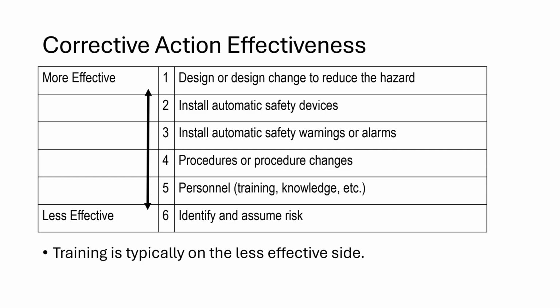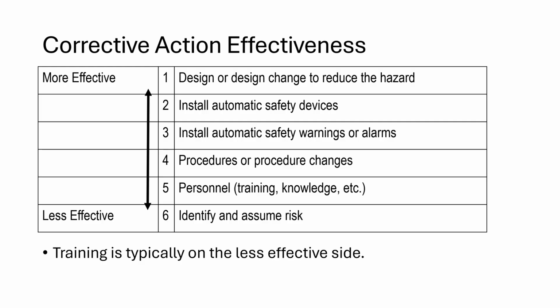So some fundamental change in the way this task is performed and designed, or the system it's related to, that's going to be our strongest one. That's also, if you're familiar with the control style terminology, definitely firmly in like an engineered control space. Then we might have automatic safety devices, and then safety warnings or alarms, right?